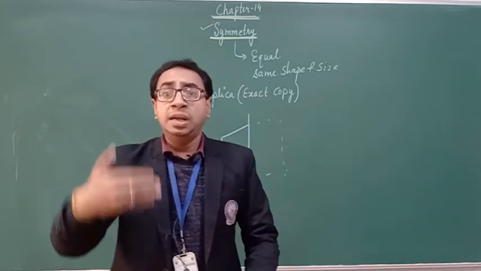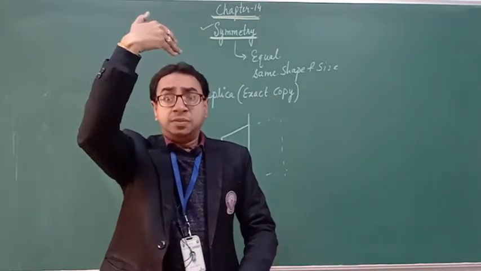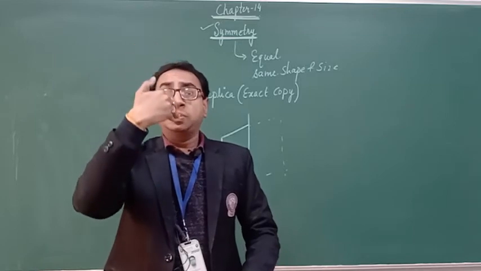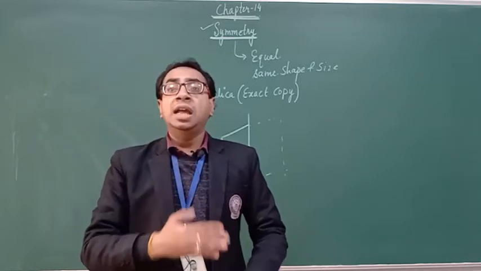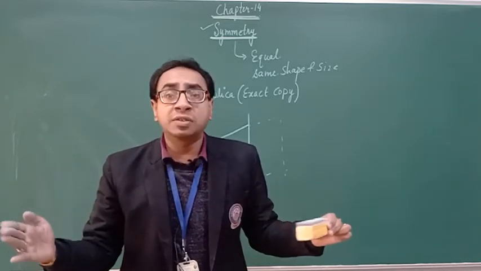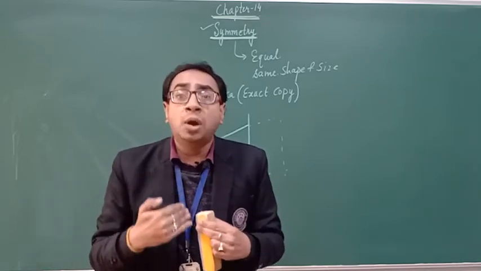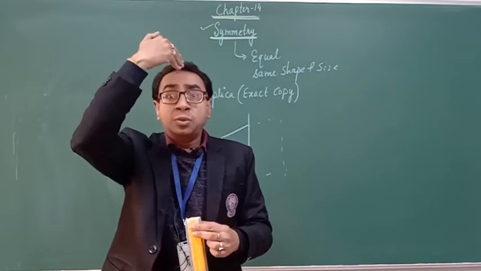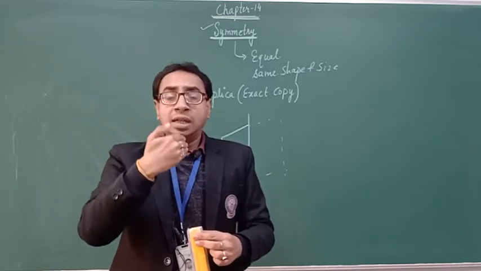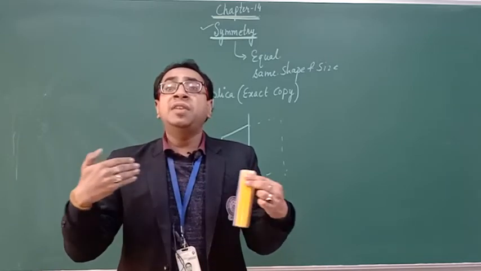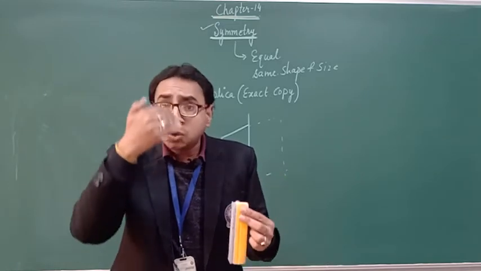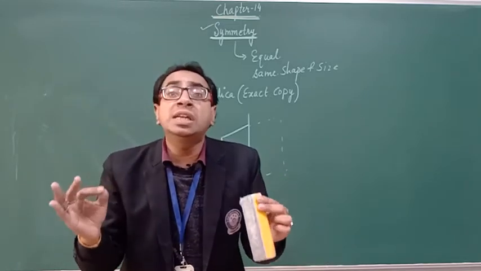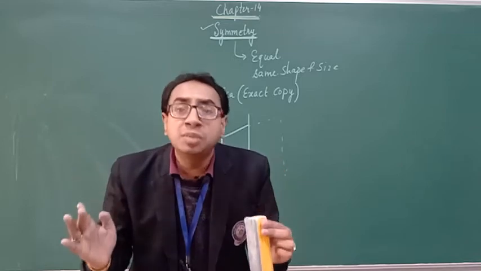For example, if I cut myself from top to bottom like this, vertically, I will be divided into 2 equal halves. Then can I say my body is symmetrical in nature? Again I am repeating. If I cut myself from top to bottom equally, my body will be divided into 2 equal halves, and those 2 equal halves are symmetrical to each other. This is what symmetry means.